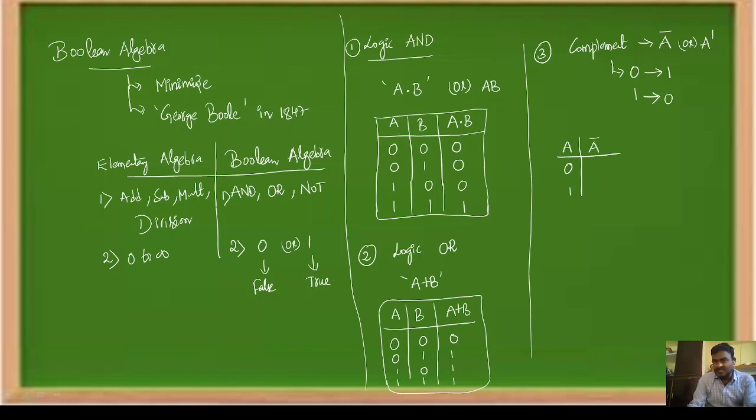When A is 0, A complement will be 1. When A is 1, A complement will be 0. This simple table shows how you can do the complement operation for a particular variable. So these are the three basic operations that we can perform in Boolean algebra.